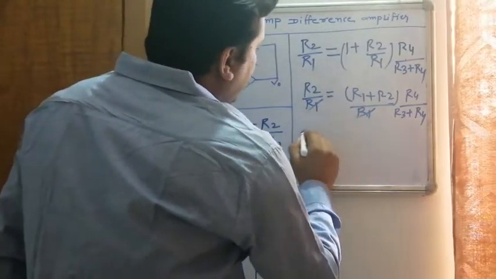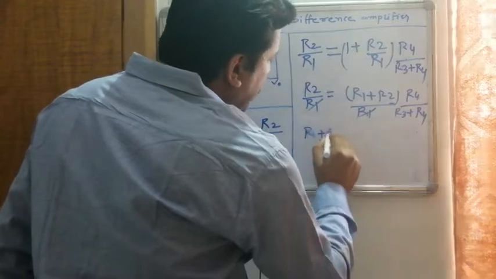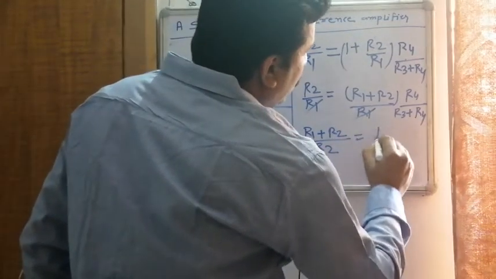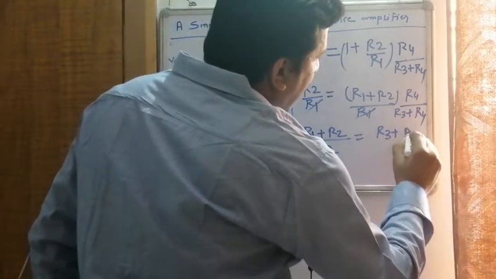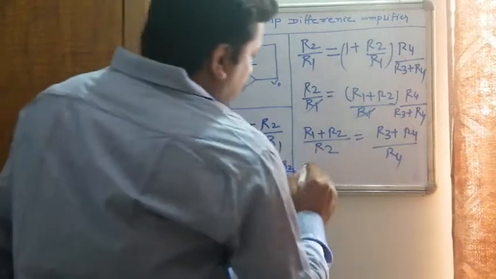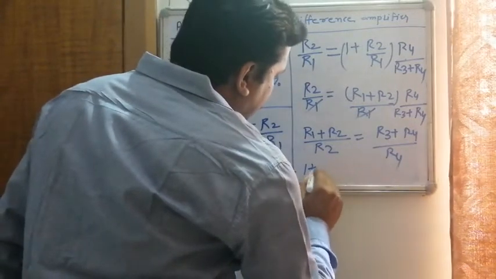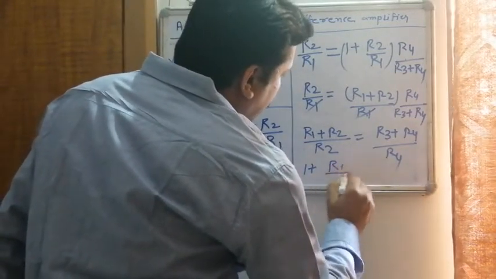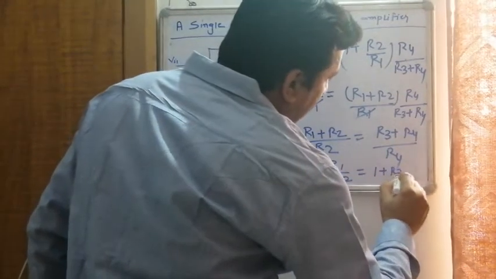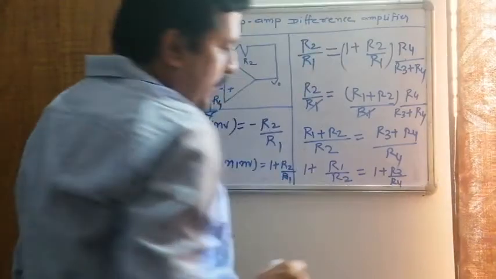After rearranging, we can write R1 plus R2 divided by R2 is equal to R3 plus R4 divided by R4. So we can write here 1 plus R1 by R2 is equal to 1 plus R3 by R4.